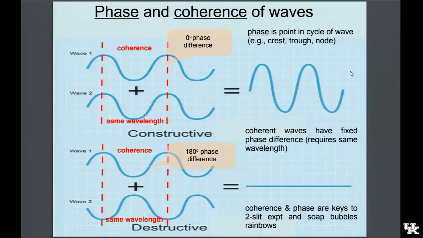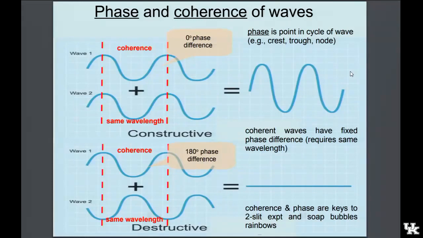When we talk about interference of waves, constructive interference, destructive interference, we use a couple of terms. We're going to use a term which is phase, and we're going to use a term which is coherence. So I wanted to explain what we mean by phase and coherence.